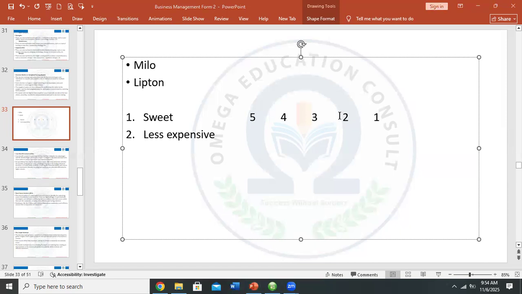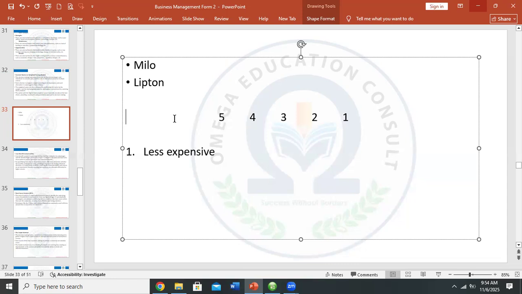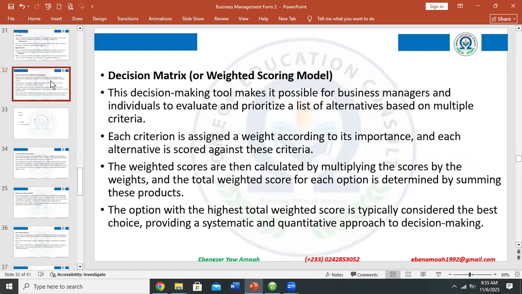Let me push this up a bit. Please, I hope you are following me. Number 1, less expensive. Great. So when we take Milo, we do the analysis based on the criteria.